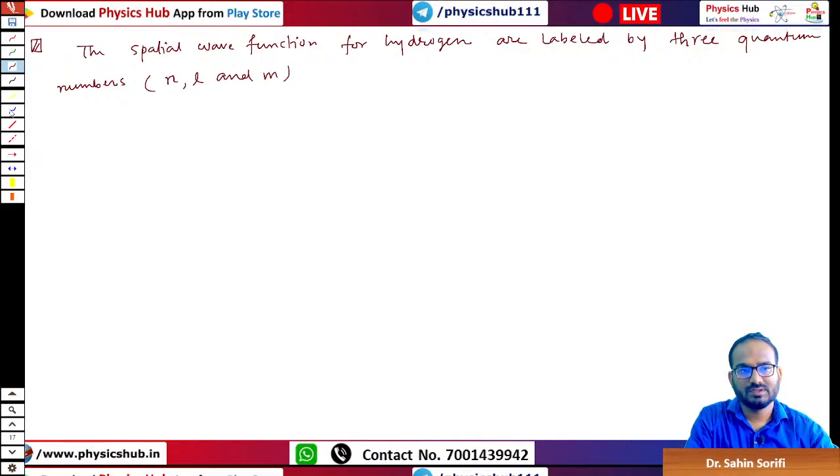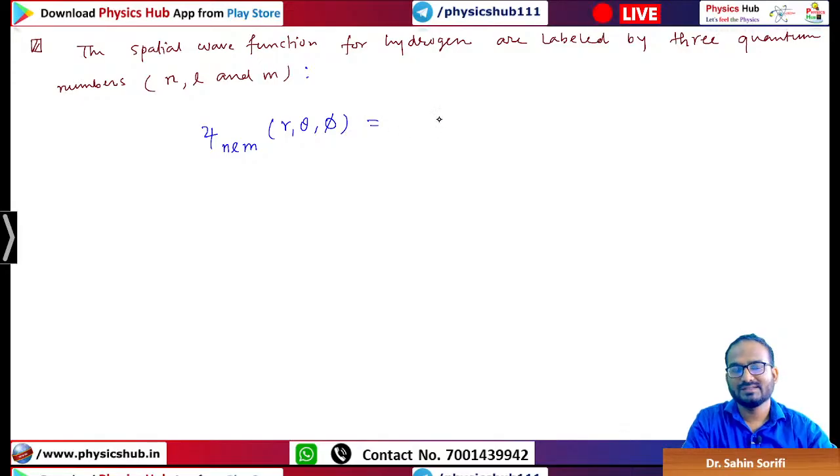What are those three quantum numbers? N, L and M. So the wave function for the hydrogen atom is written as psi n, l, m. The first number shows the principal quantum number, L shows the orbital angular momentum quantum number, M the magnetic quantum number. It is a function of r, theta and phi.